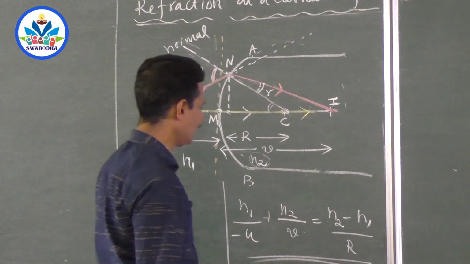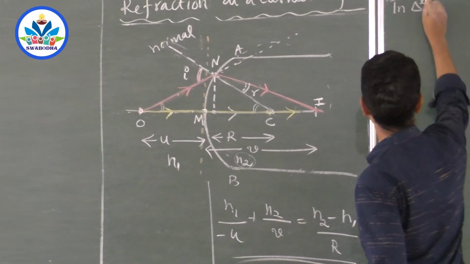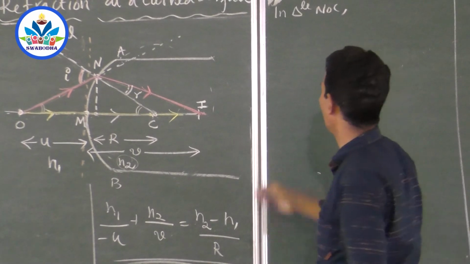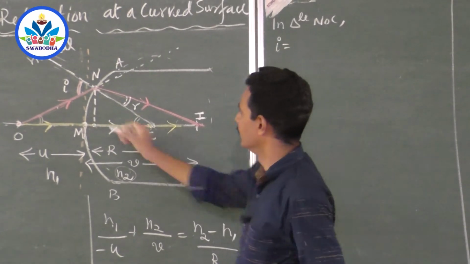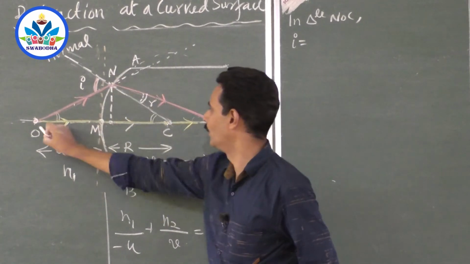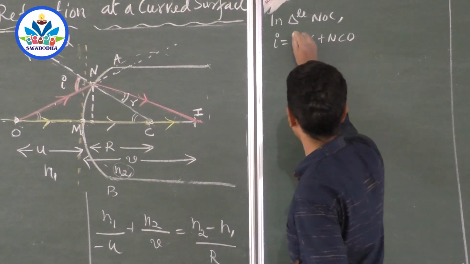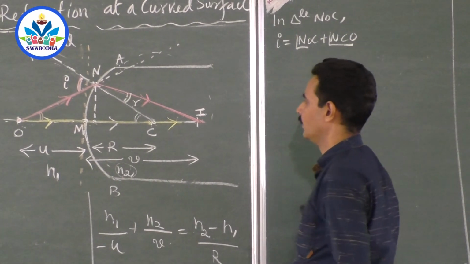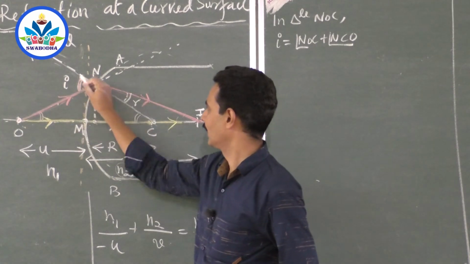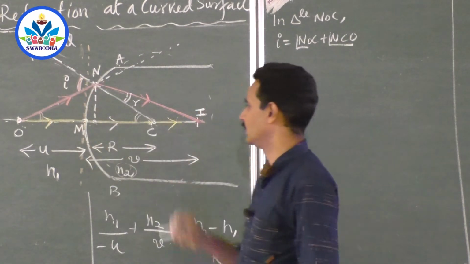So in triangle NOC, exterior angle I is equal to the sum of the interior opposite angles, NOC plus NCO. Am I right? It is only in the triangle NOC. This is the exterior angle, because this side is produced backwards. Sum of the two interior opposite angles.